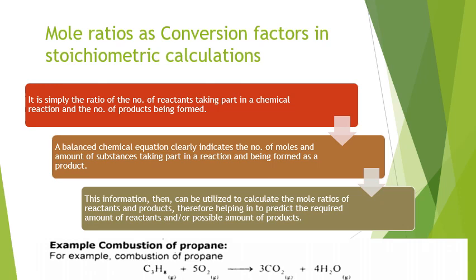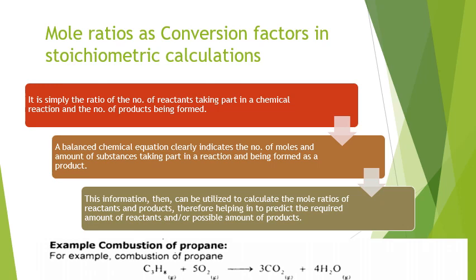By using this information, you can find out how much quantity you will require to form a desired amount of the product. How much amount of the reactants will be taken to get a desired amount of the product. Right? So this is all about what we say mole ratios are.